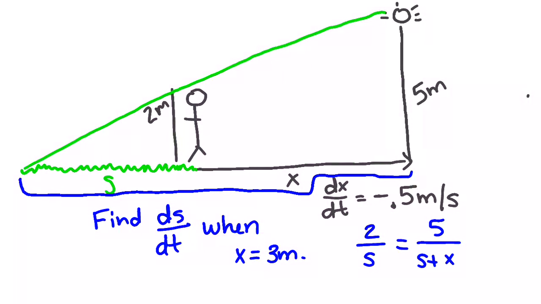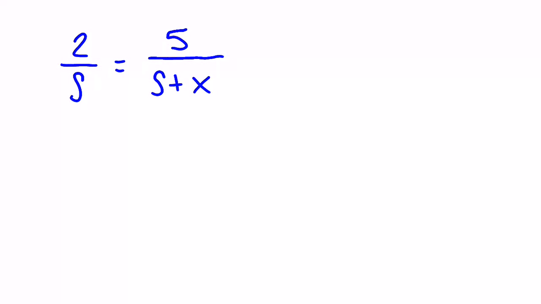Now I know that I'm going to have to take the derivative of this, but I also see that it's got some fractions in it, and I think that you guys know how I feel about fractions, so I'm going to try to get rid of them. Let me rewrite my equation. 2 over S equals 5 over S plus X. To get rid of the fractions, we can cross multiply.